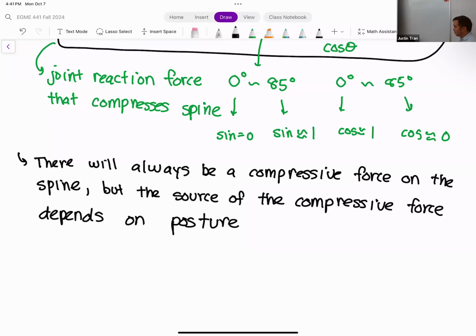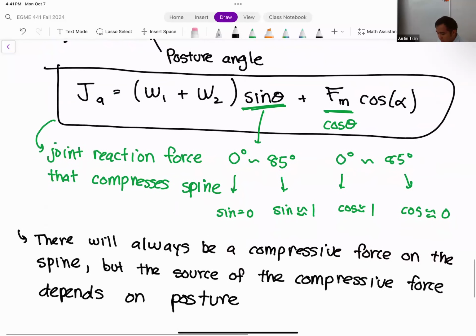We'll see which one is more relevant in the different postures once we put in some numbers. All right, any questions on this result? Okay, so that is the axial joint reaction force.